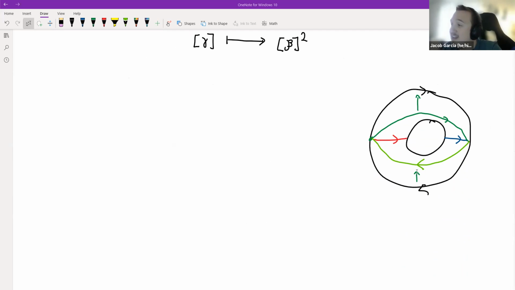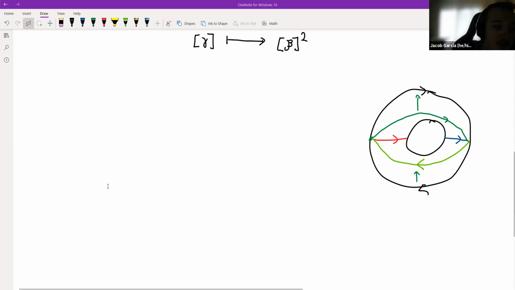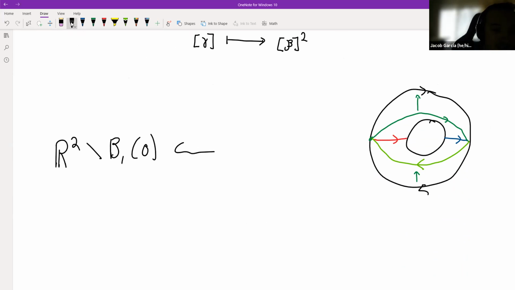But it could be that you take a non-homotopic... So for example, I can include the plane minus a ball. This certainly includes into the plane.